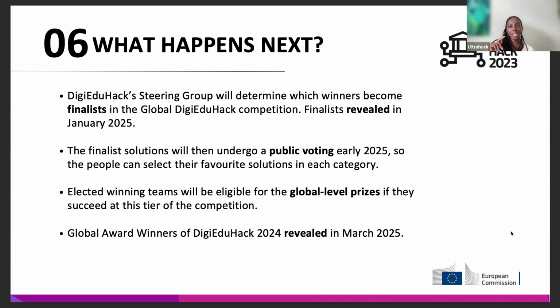The elected winning teams will be eligible for the global level prizes if they succeed at this tier of the competition. The global award winners of DigiEduHack 2024 will be revealed in March 2025.